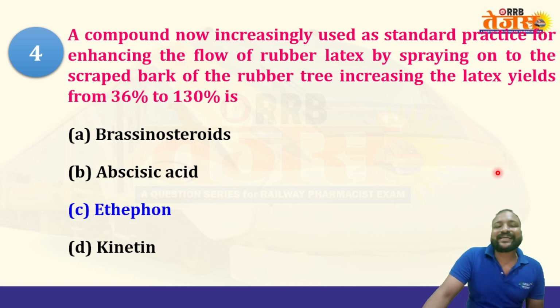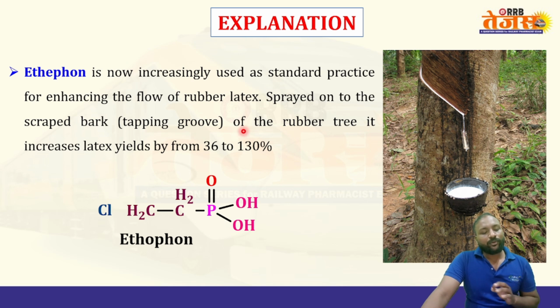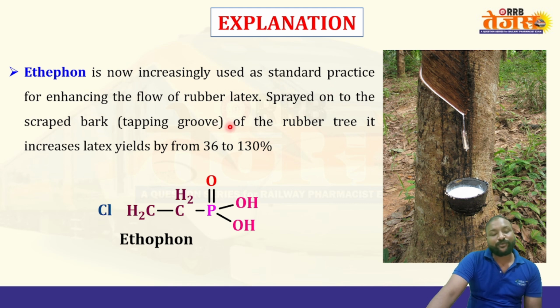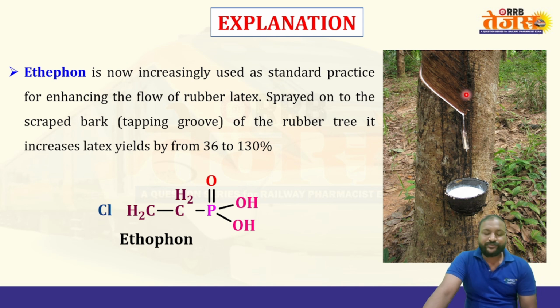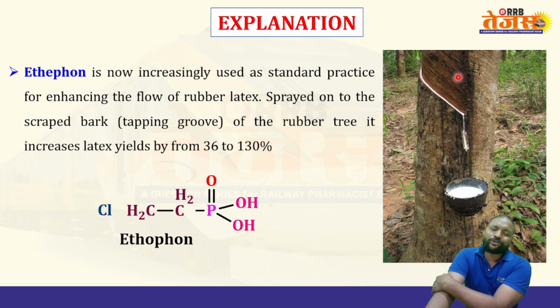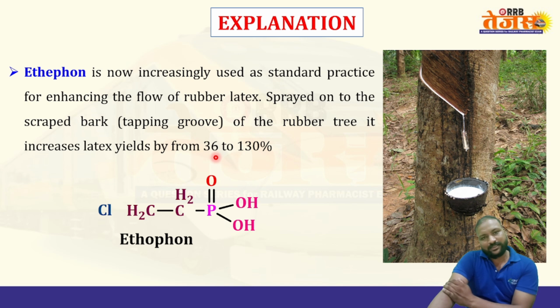Yes, option C is right. Ethephon is a chemical, and it is now increasingly used as a standard practice for enhancing the flow of rubber latex, sprayed onto the scraped bark. This is the tapping groove of the rubber tree. It increases latex by 36 to 130%. Generally the yield of this rubber tree is about 36%, but that is not enough to produce a higher amount of rubber.